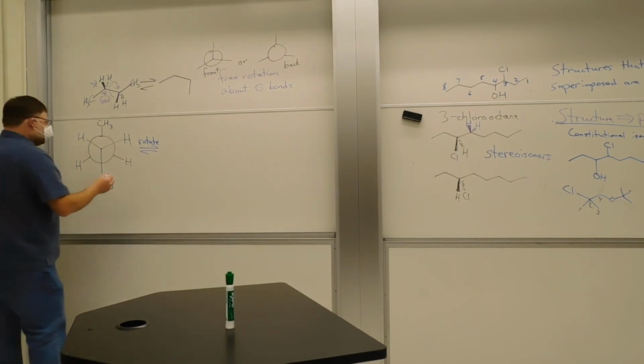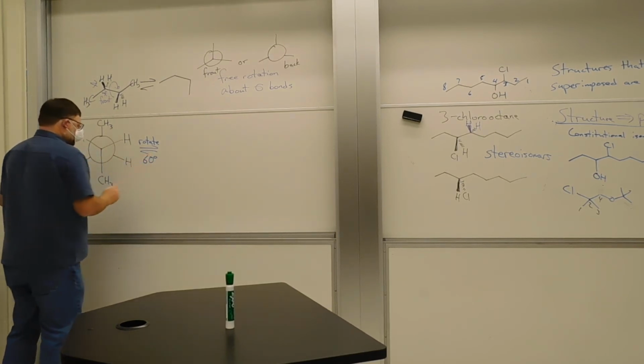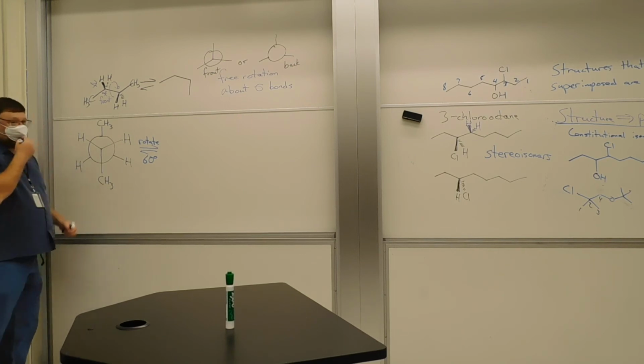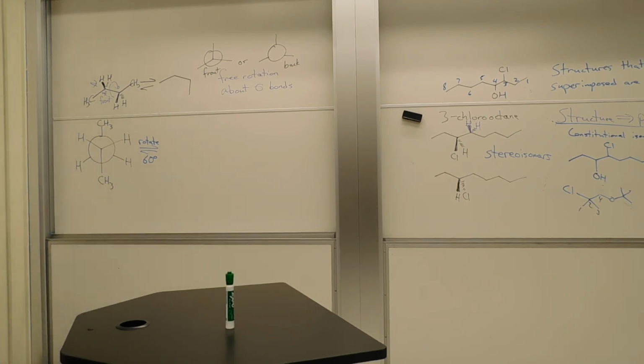So let's rotate 60 degrees. I'm going to arbitrarily say I'm going to hold the front carbon the same, and I recommend doing this. I could rotate both front and back carbons, but that gets hard to keep track of. I'm going to keep the front carbon looking the same and change the back carbon.